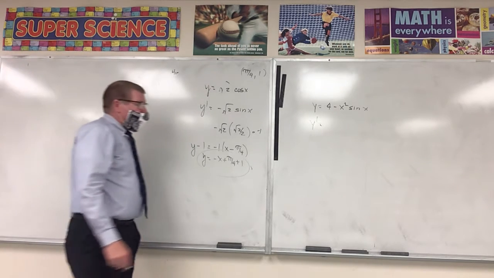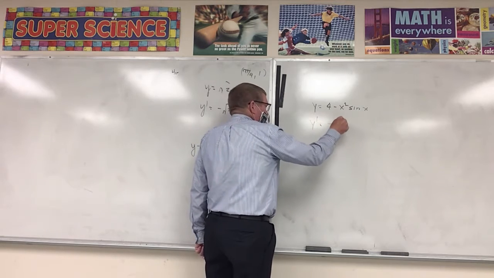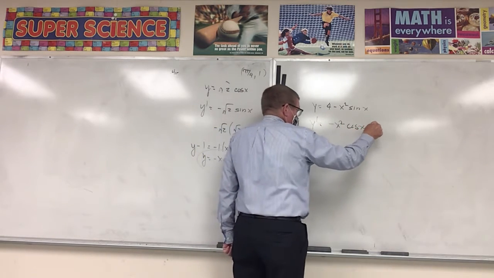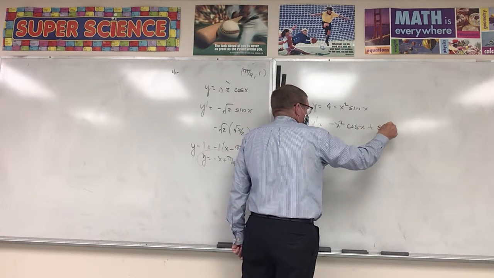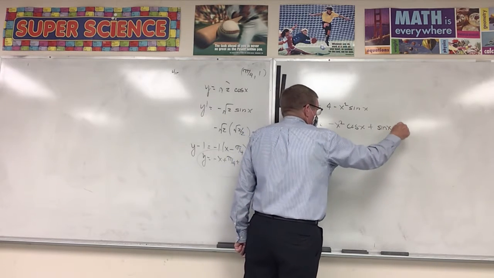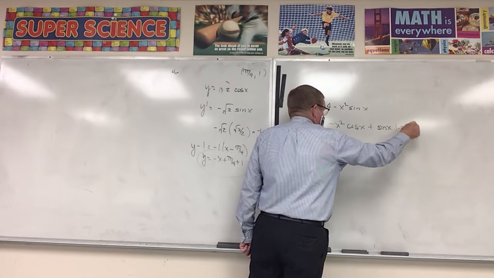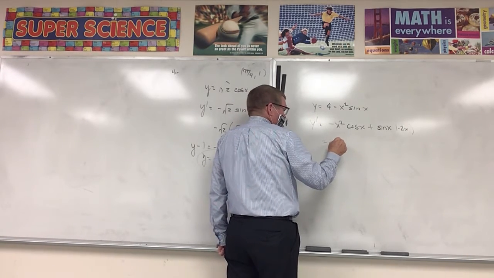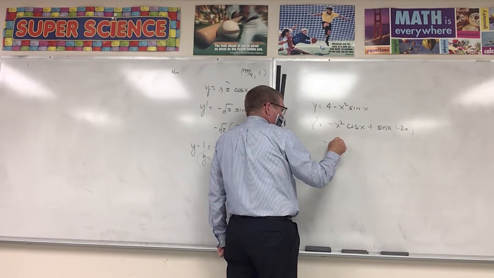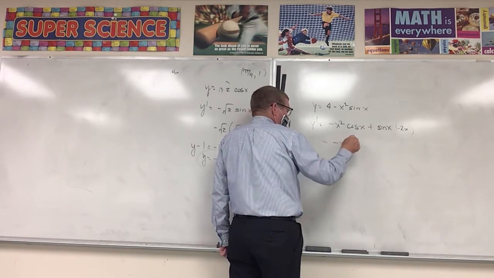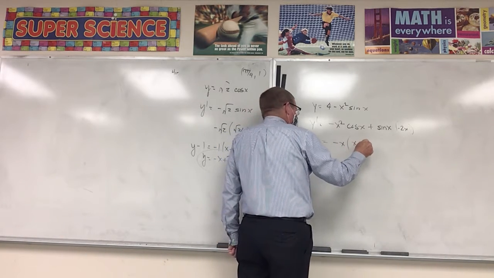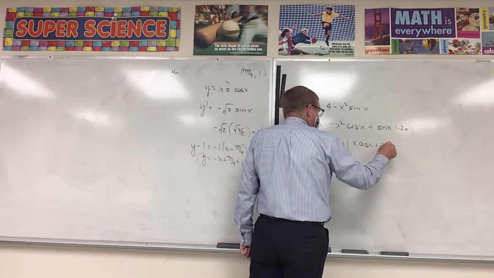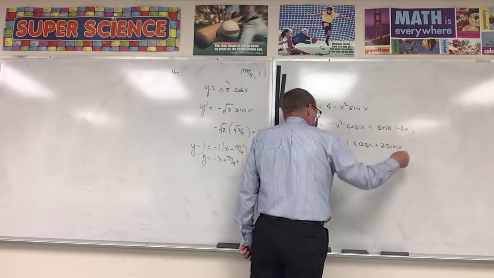The first, derivative of the second, plus the second, derivative of the first. That's going to be, let's take out a negative x. So that would be x cosine x plus 2 sine x.